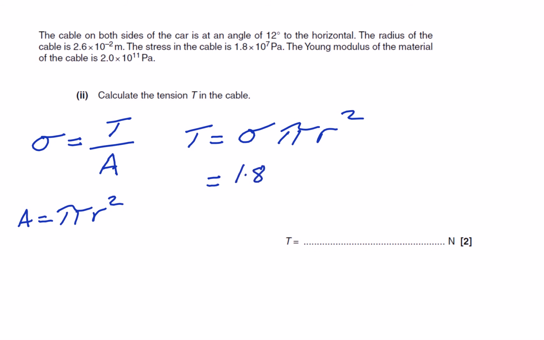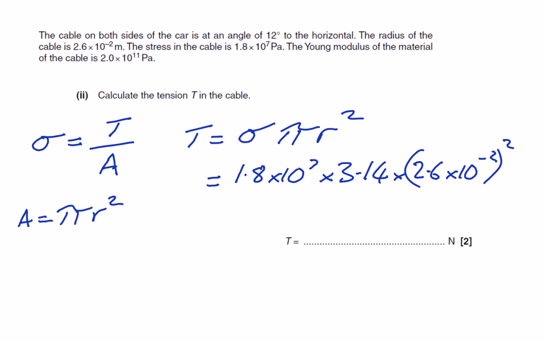So 1.8 times 10 to the 7 pascals multiplied by pi, 3.14 will do, multiplied by the radius, which is 2.6 times 10 to the minus 2, and let's not forget that we need to square that, put that into the calculator, and that will come out at being 3.8 times 10 to the 4 newtons.